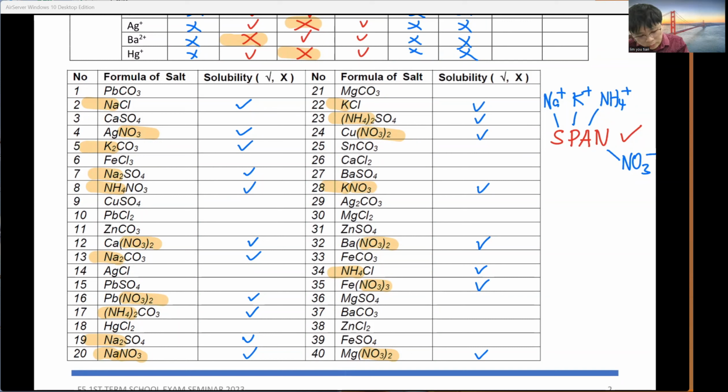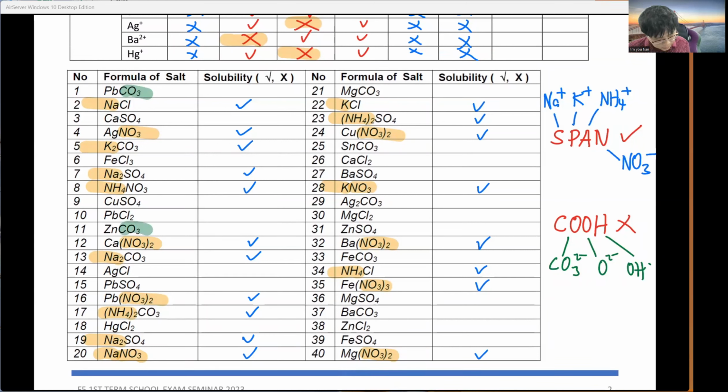Okay, then the next one we have to check now, which is anything with carbonate, then oxide, and then hydroxide will be insoluble. So now you check for the second one. Carbonate.